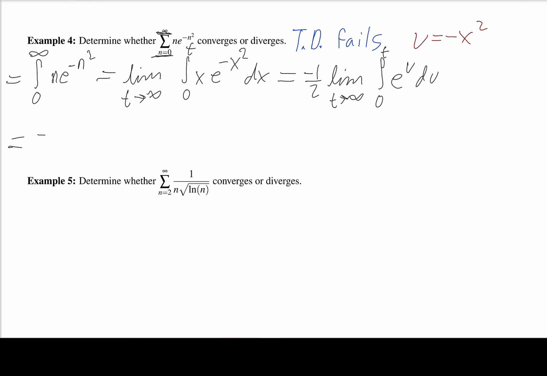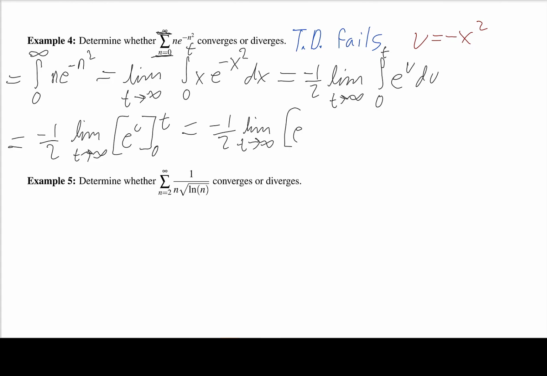which will give us negative 1/2 times the limit as t goes to infinity of e to the u evaluated from 0 to t, which will give us negative 1/2 times the limit as t goes to infinity of e to the t minus e to the 0.